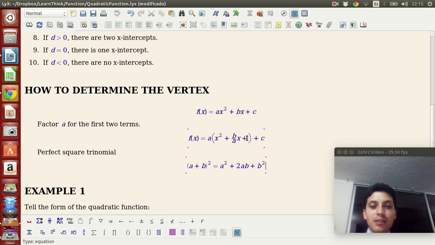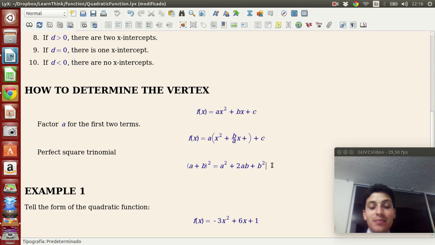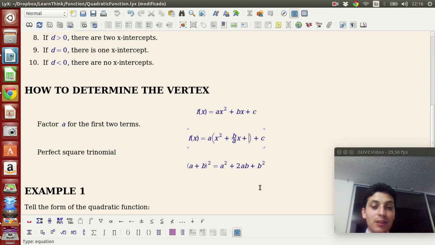So here you can see that we have x squared, a will be x. So b divided by a is 2b, which means that b is one half of b over a, one half of b over a. And we have to write it to the second power.